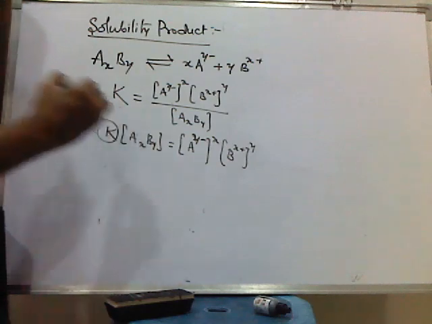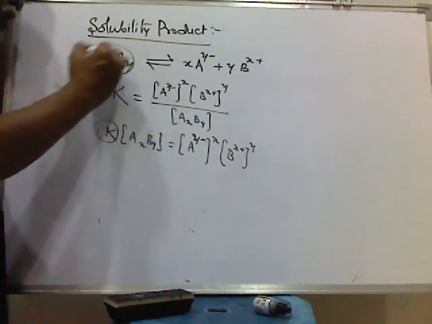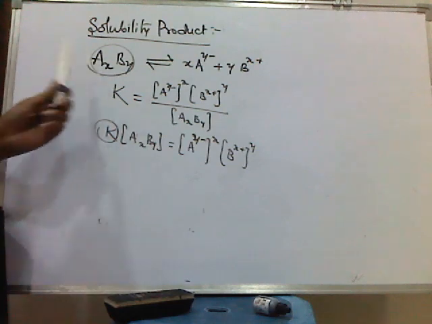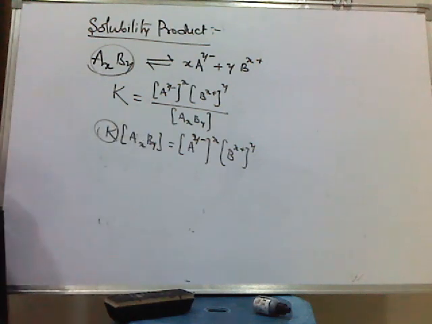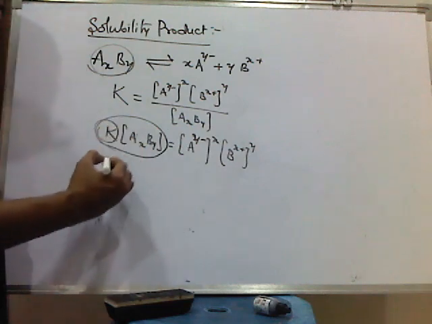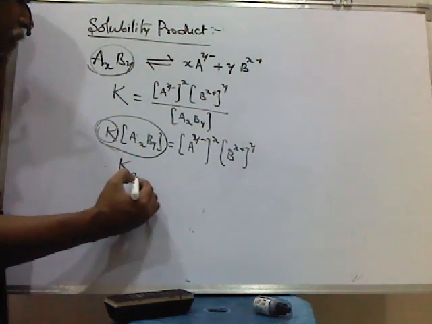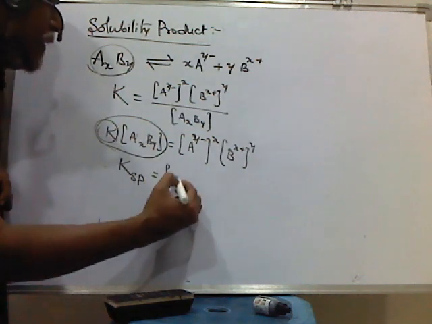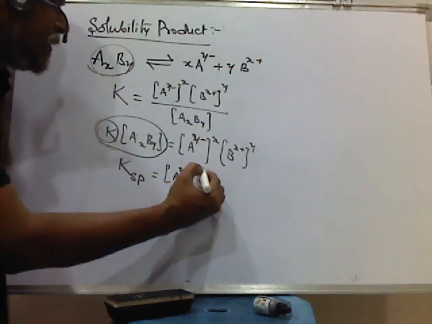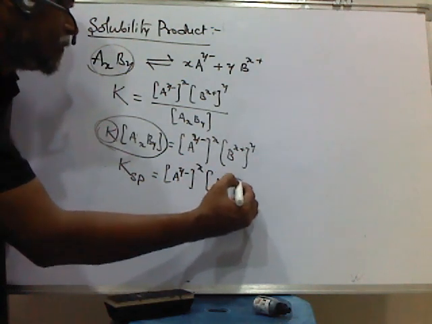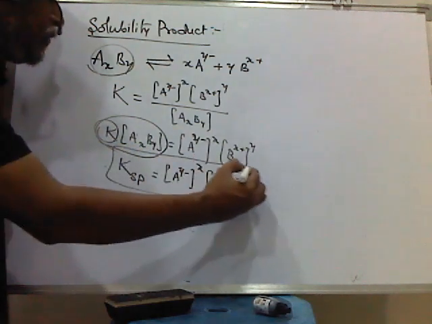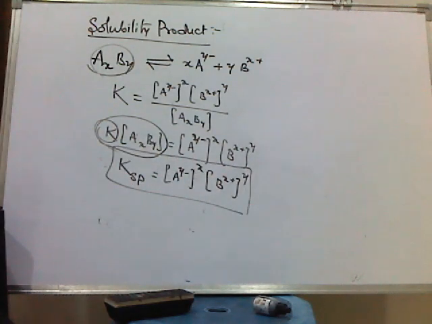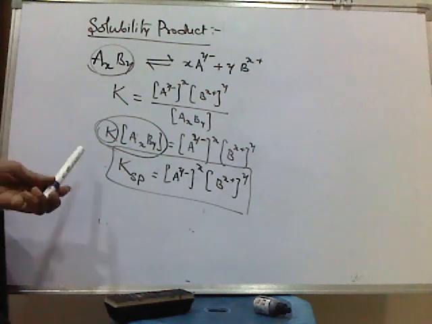Here K is a constant, and as this salt AxBy is sparingly soluble, its concentration remains the same. That is why these two together we call a new constant, the solubility product constant, or simply the solubility product.